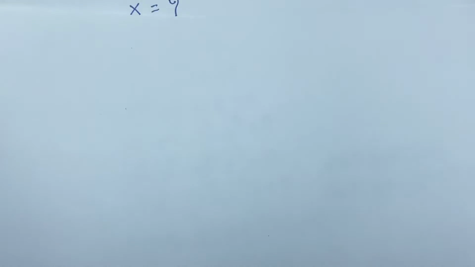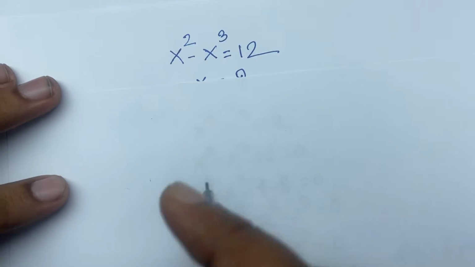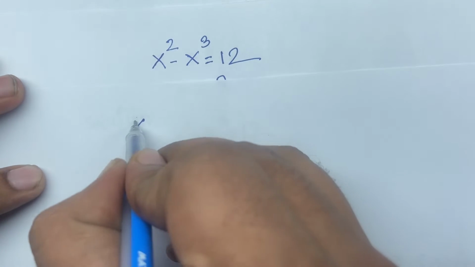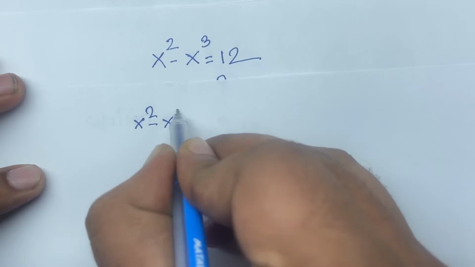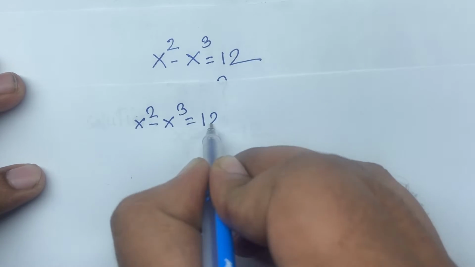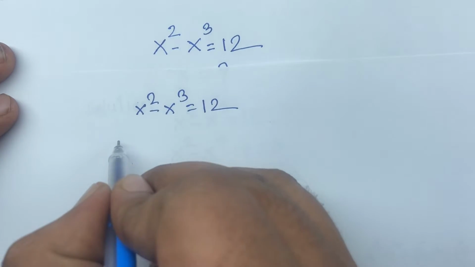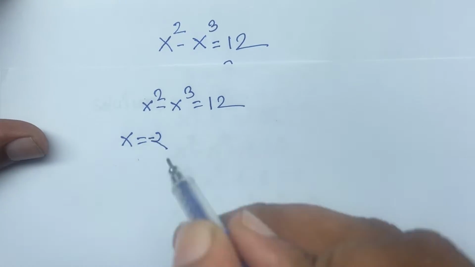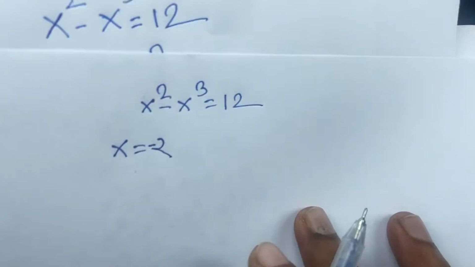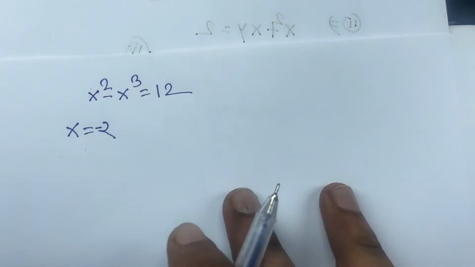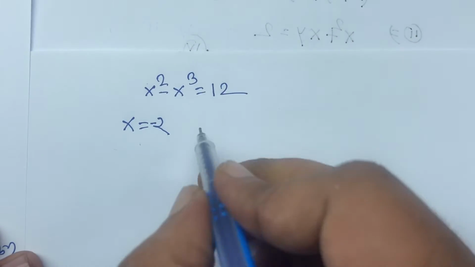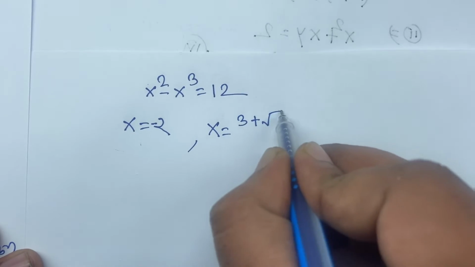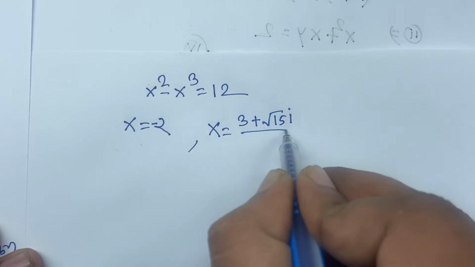Our question is, look, x square minus x cube is equal to 12, and we found x is equal to minus 2, and x is equal to 3 plus square root 15i over 2.